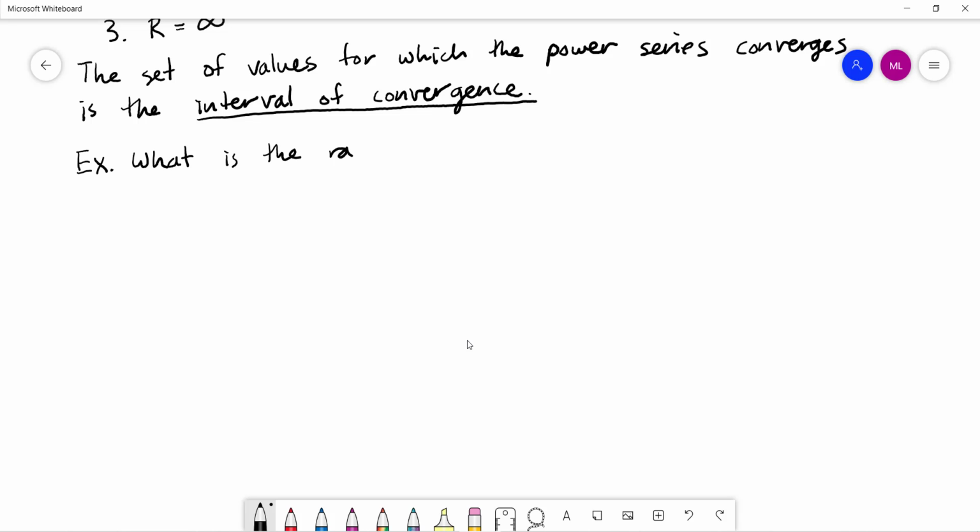What is the radius of convergence for, and let's do a few of these, part A: the sum from n equals 0 to infinity of n factorial times x to the n.